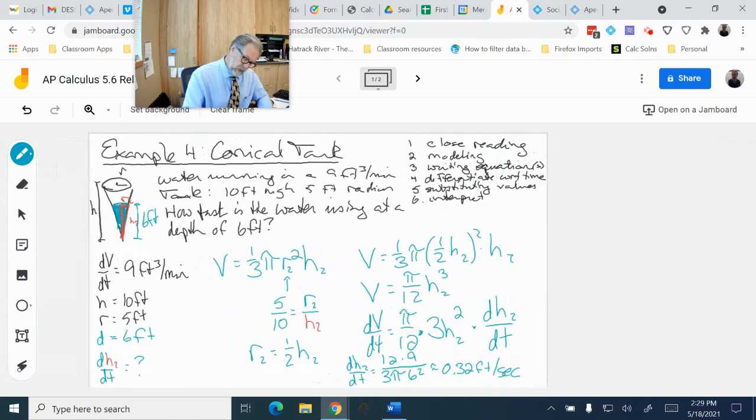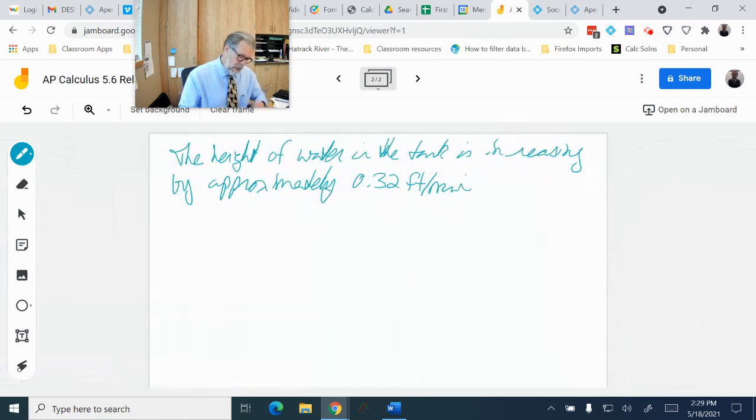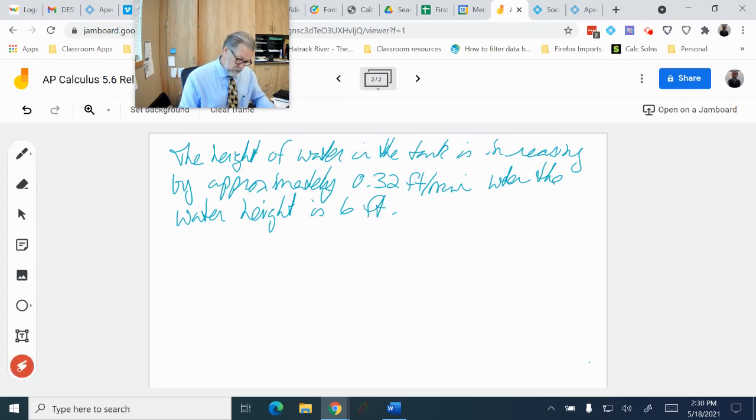I don't know if I said minute or second on the previous page. I said second. Yep, I meant minute, of course. When the water height is 6 feet. This is really important. When the water height is 6 feet.